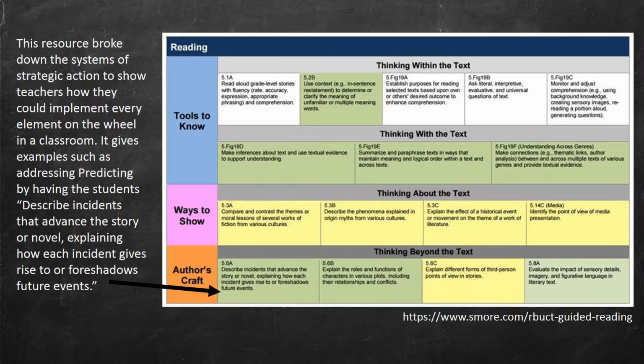For example, this section right here, which would be the predicting part, says to describe incidents that advance the story or novel, explaining how each incident gives rise to or foreshadows future events.